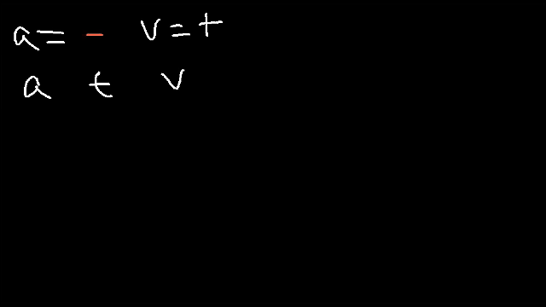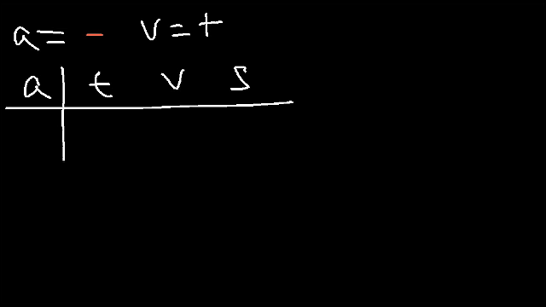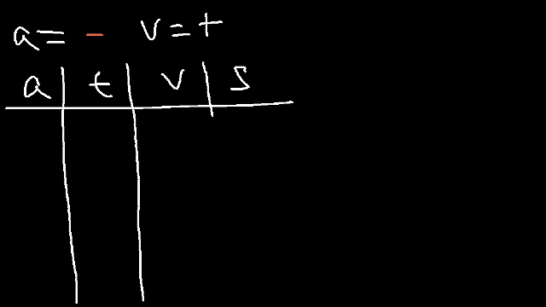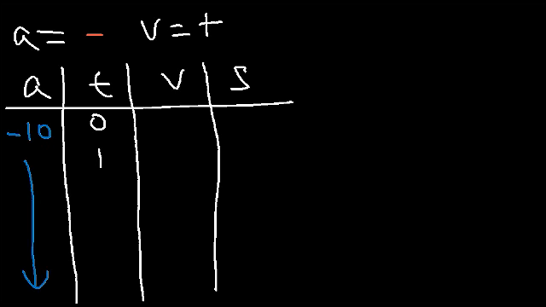Now let's go over the last case, where acceleration is negative and velocity is positive. So this time, let's say the acceleration is negative 10, and it's constant. And let's say velocity is a positive number.